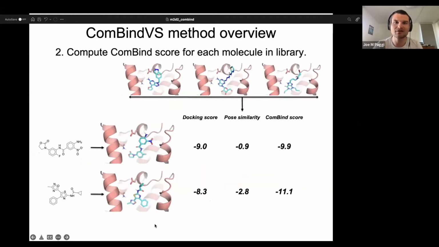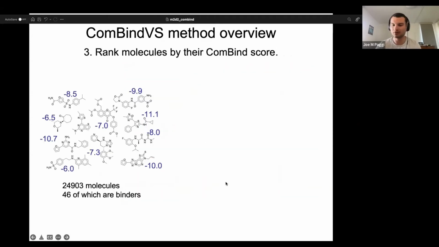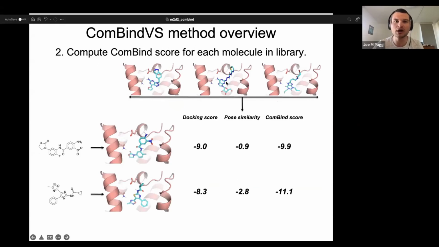Then in the second phase, we calculate the combined score in the same way that we did for pose prediction, except now we hold the poses for our known binders fixed and just compute the contribution of each of the molecules from the library to the combined score.